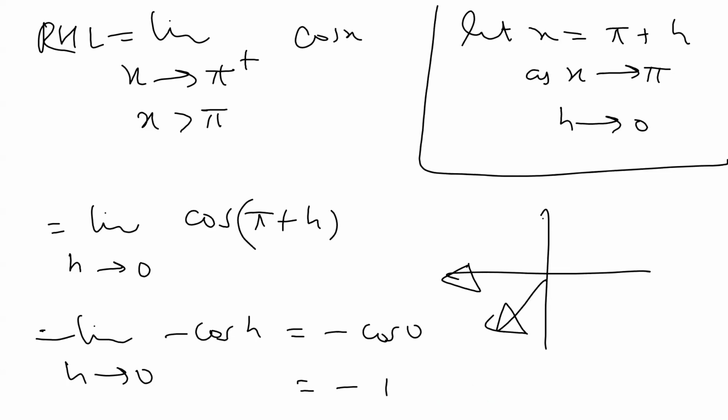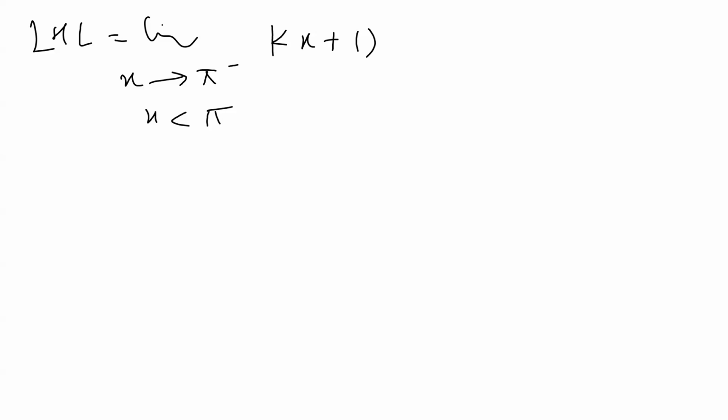This was RHL. Now let us start with LHL. Limit x approaching pi minus. Pi minus means x is less than pi. For x less than pi, which particular function is it? It is kx plus 1.